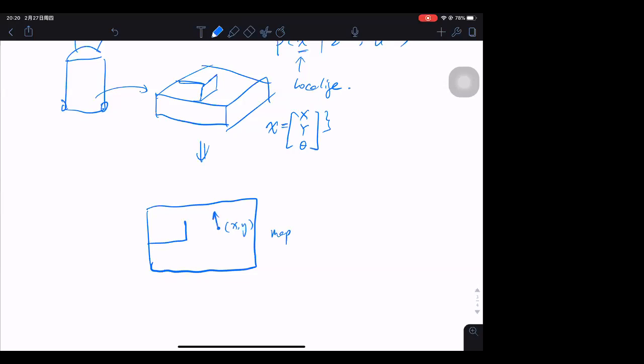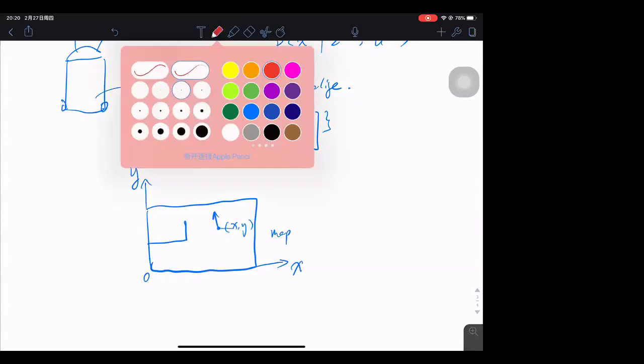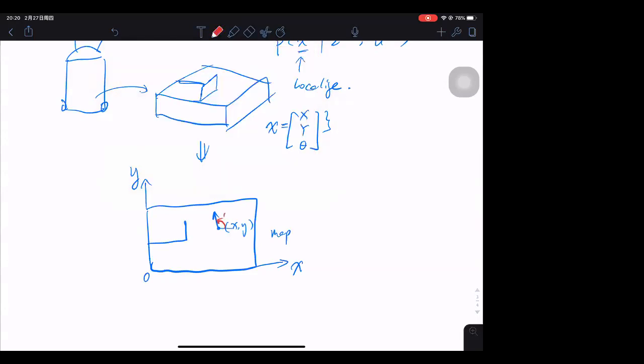We can further decorate it: you have the x direction, the y direction, and the orientation, this guy. This is theta. So x will be a three-dimensional vector: x, y, and theta. That's your coordinate.